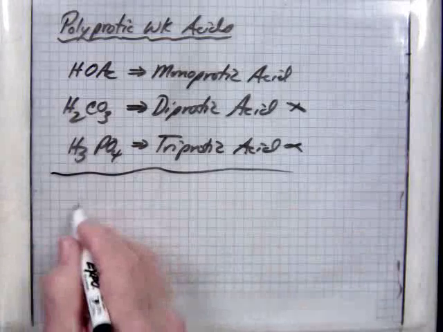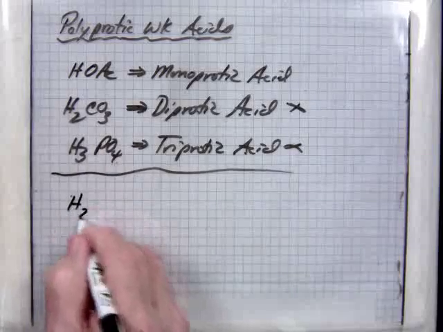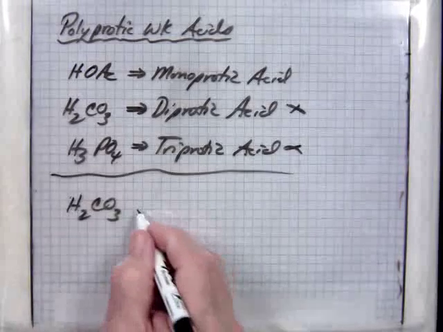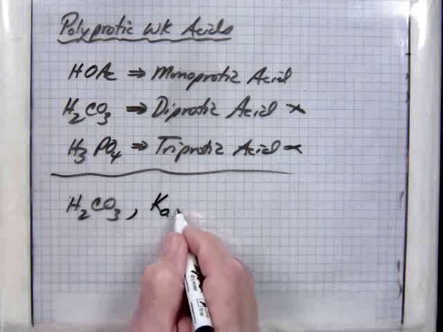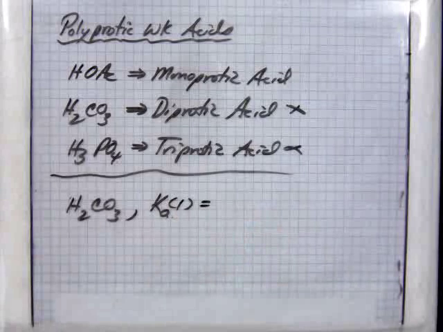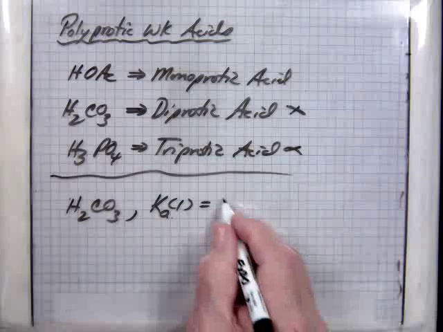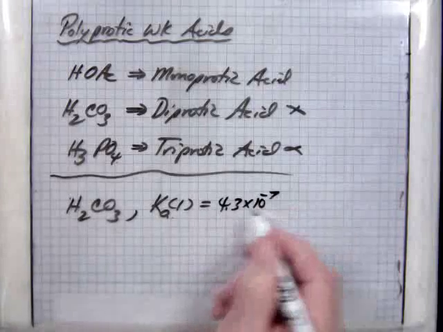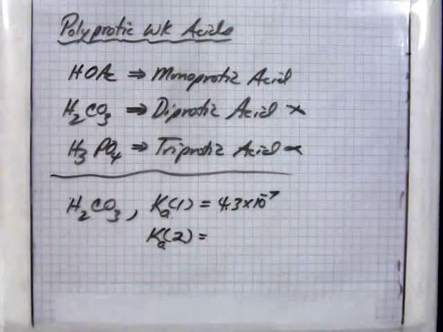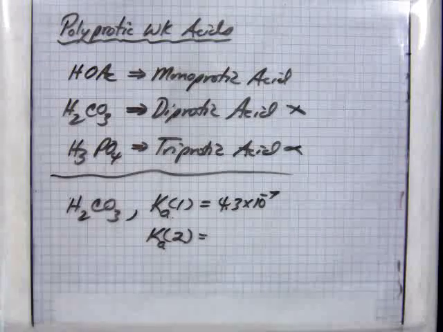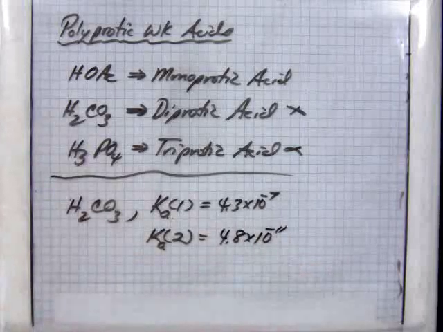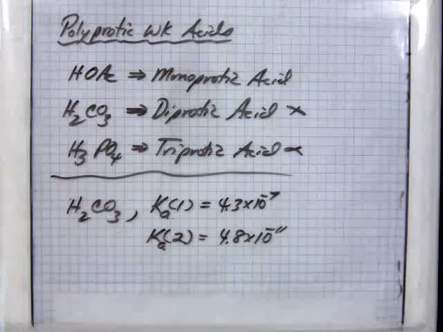For example, we'll start with carbonic acid, H2CO3, and it has two hydrogens, which means that it has what they call a Ka1, which is 4.3 times 10 to the minus 7. And I'll put it down here, Ka2, and that one is 4.8 times 10 to the minus 11. Now, get that jotted down.